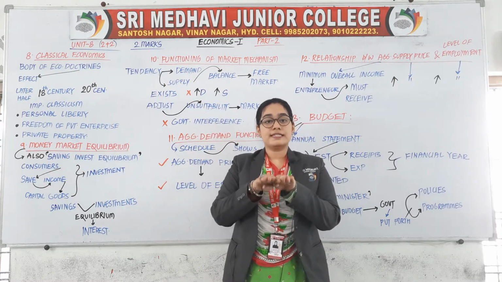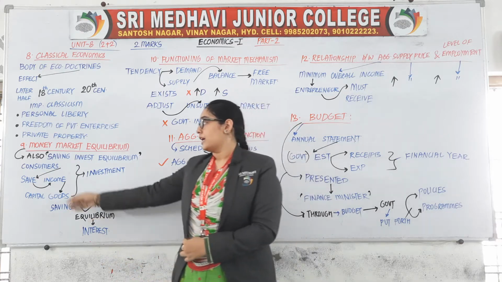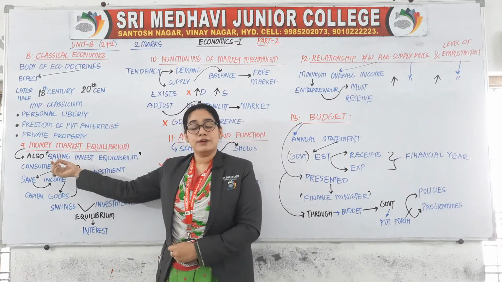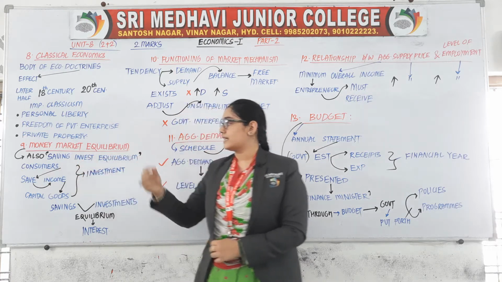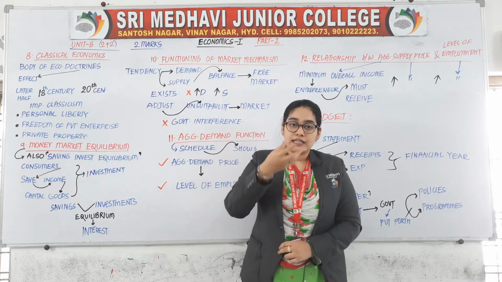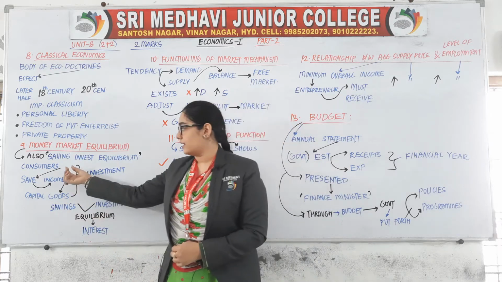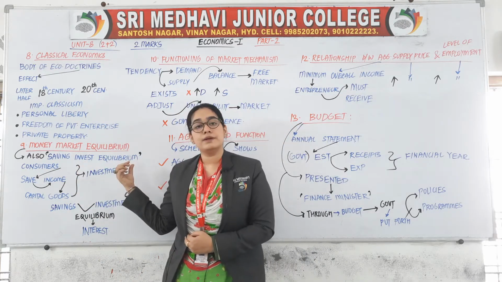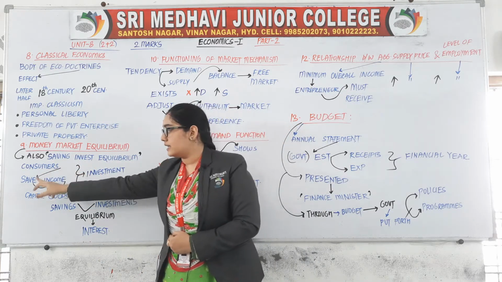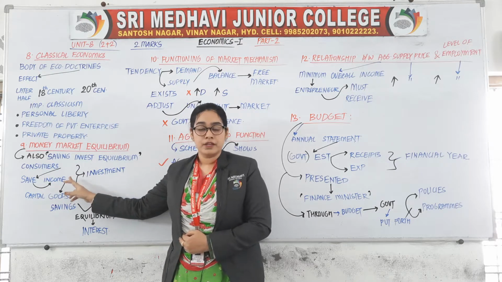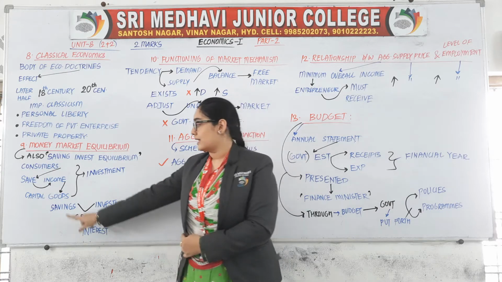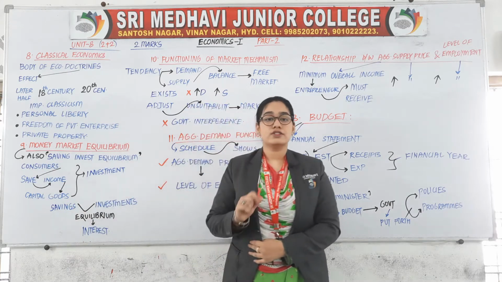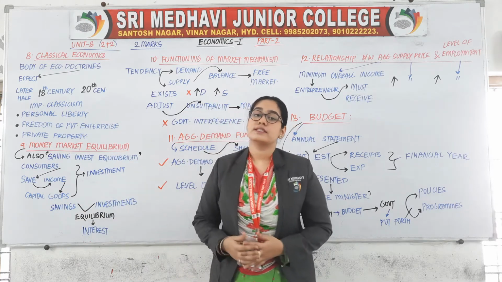The next one is money market equilibrium. Equilibrium means to be stable and balanced. Money market equilibrium is also known as saving invest equilibrium. When the consumer saves some income and spends it on capital goods, it is called investment.